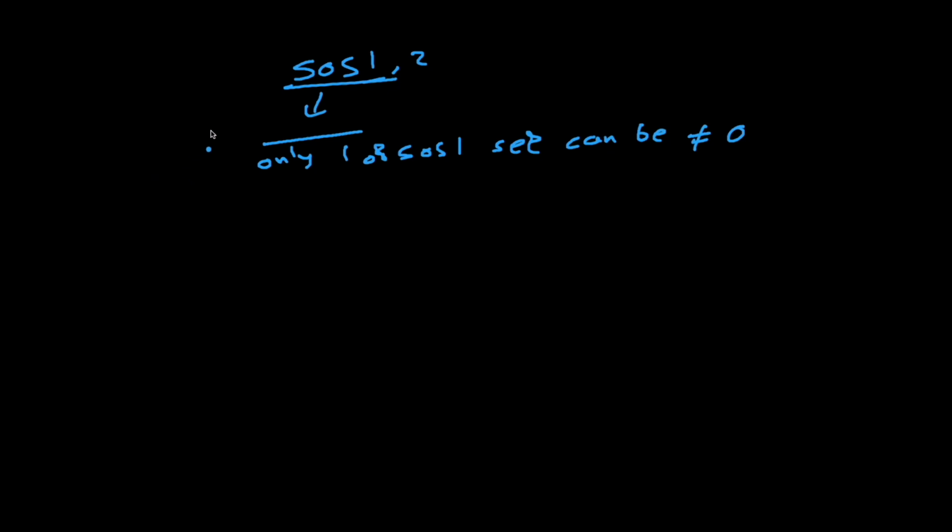And SOS2 is a set of variables where exactly two of them can be non-zero, and they have to be consecutive. So this is like an ordered set, a special ordered set.